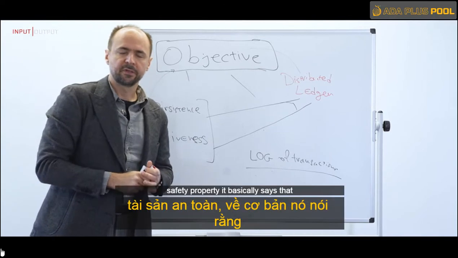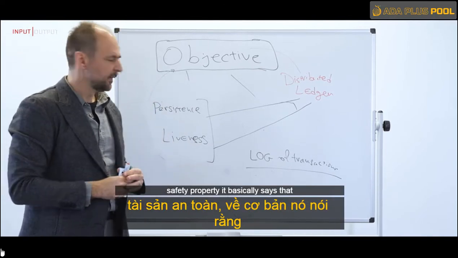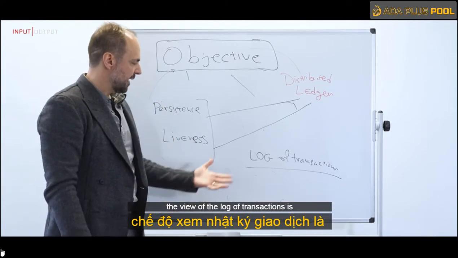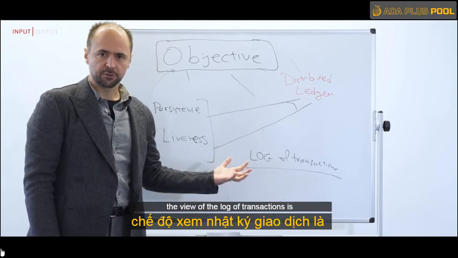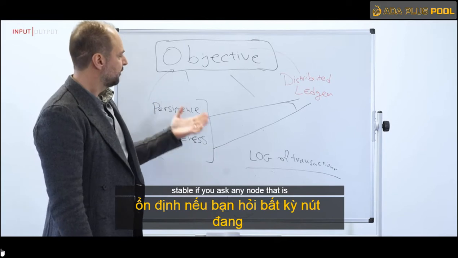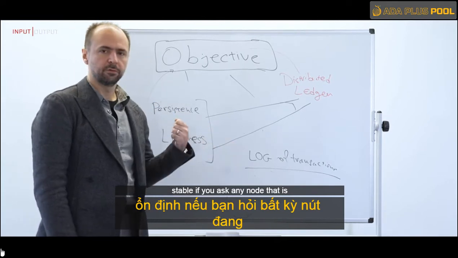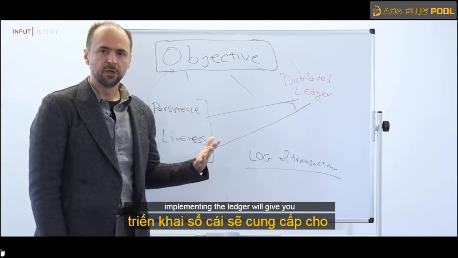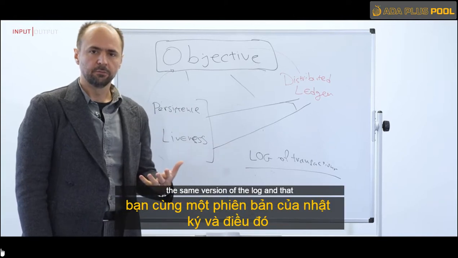Persistence is a type of safety property. It basically says that the view of the log of transactions is stable. If you ask any node that is implementing the ledger, it will give you the same version of the log.